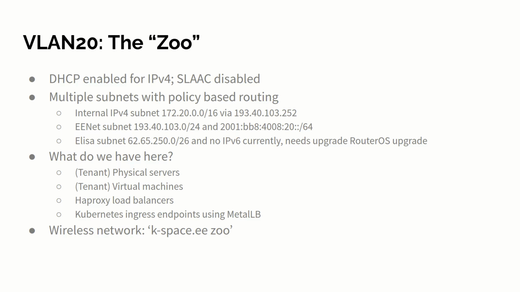We've got SLAAC disabled here because for servers you would configure the IPv6 address manually anyway. And the most unorthodox thing we do in this VLAN is that in addition to an internal IPv4 subnet, we've got ENET and ELISA subnets routed into this VLAN as well.